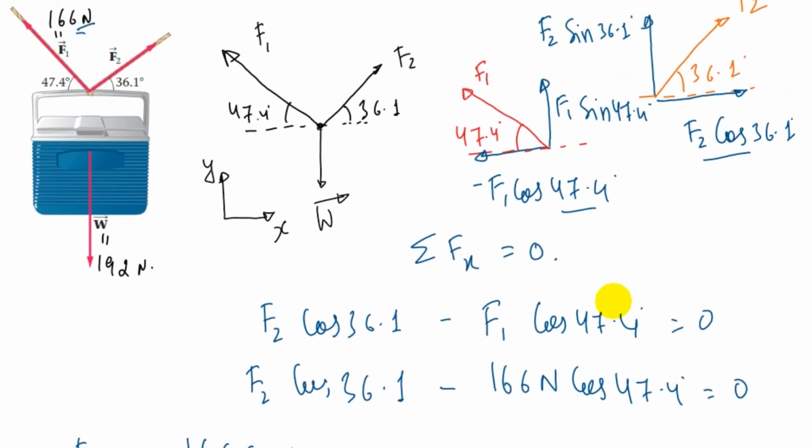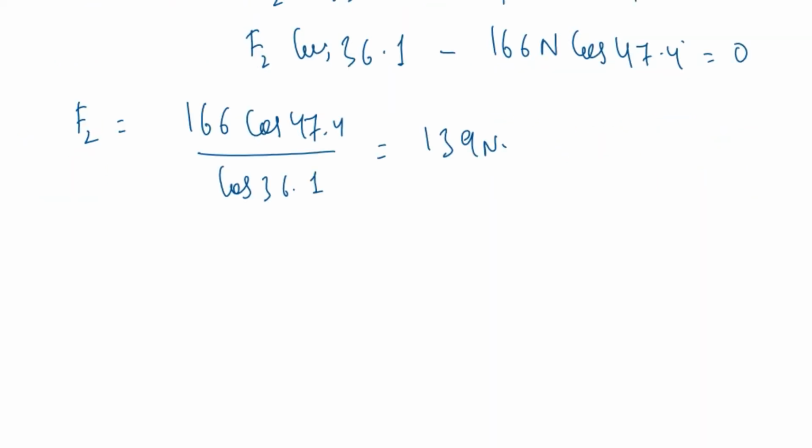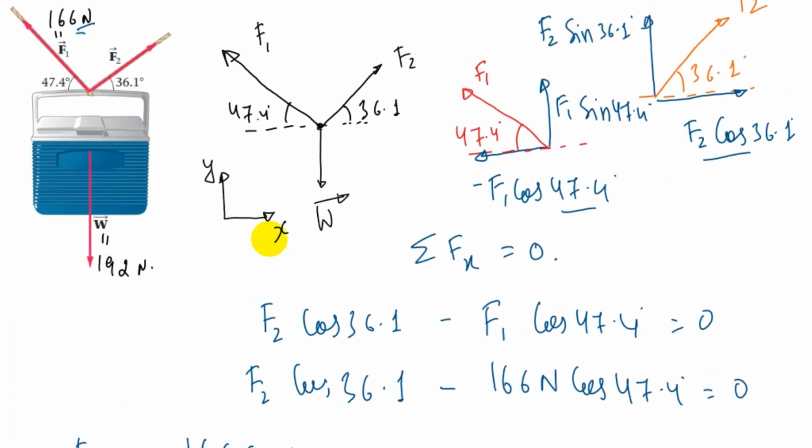Now next we can solve the B part, where we need to find the net force acting on the cooler given F2 has the magnitude determined in part A. So the net force we have to find. Okay. Now in the y direction, the net force would be sigma Fy. We have three forces in the y direction.